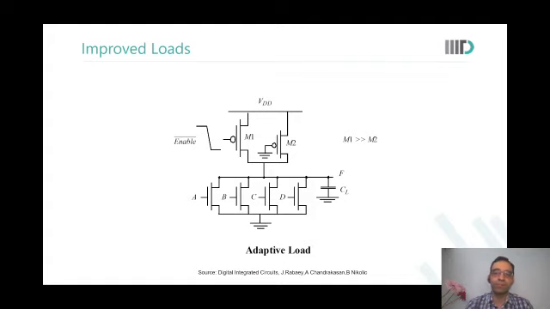Yes, Deepank? So I have a doubt that we are switching the enable PMOS, right? And we are saying that it has to be much larger than M2. But I thought that since M2 is the one which is always on, and during the falling phase, to save the leakage, M2 should be larger since M1 will be off then.